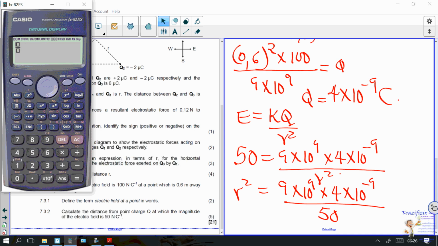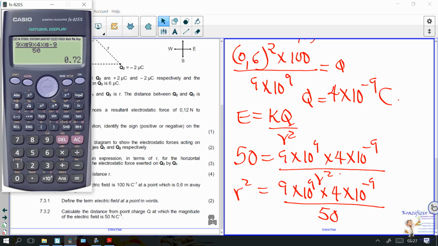It is now 9 times 10 to the power 9 times 4 times 10 to the power negative 9 divided by 50. I hope we have all our calculations in place. Yes. And my answer now is 0.72. But this is R squared.